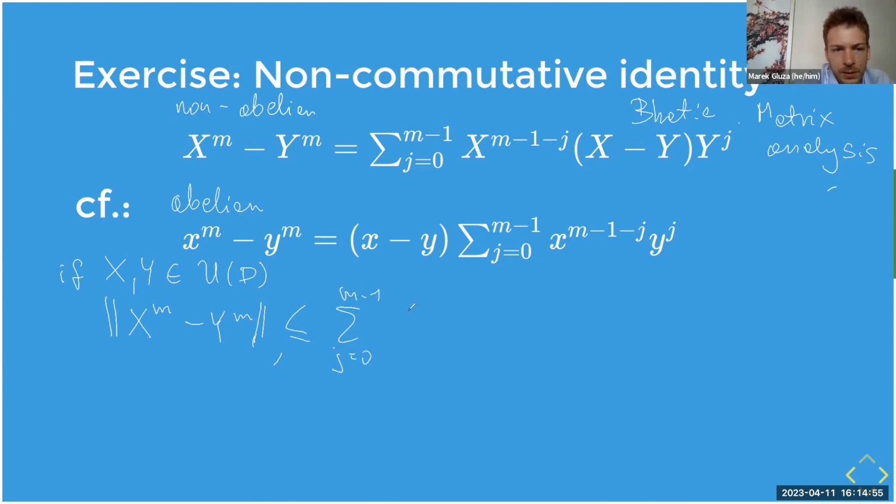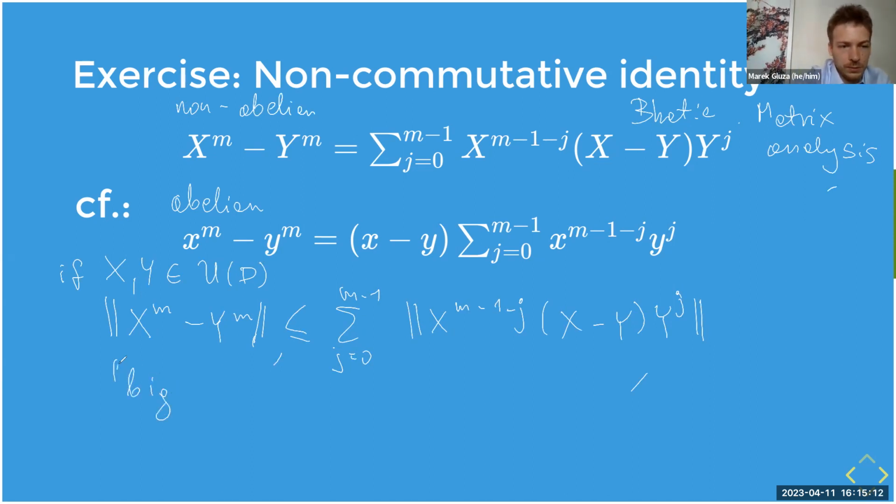That's what we are summing: x^(m-1-j), then x minus y, and then y to the power j. So we have again this situation: a big difference here with many factors, and here we have a small difference.